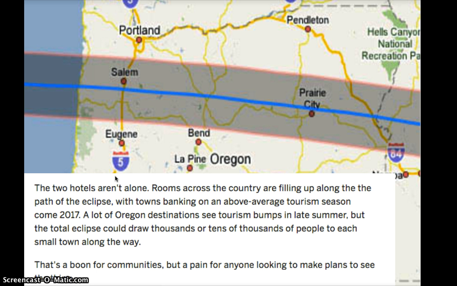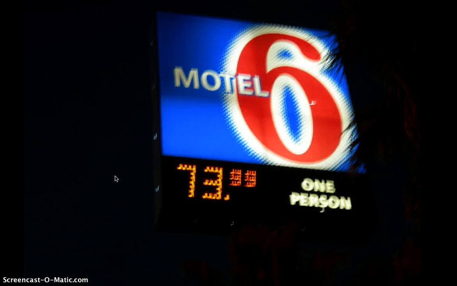So because of that event, there are going to be a lot more customers in Madras during the late part of the summer, and they're going to be able to sell their rooms for, let's say, for example, $73.99. They're going to be able to do this because the number of consumers in the town who are looking for motel rooms is higher.